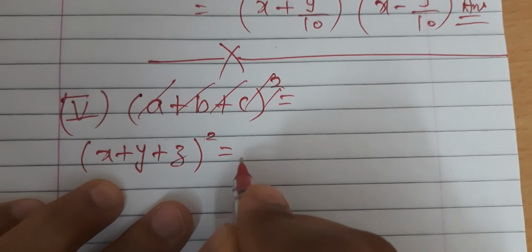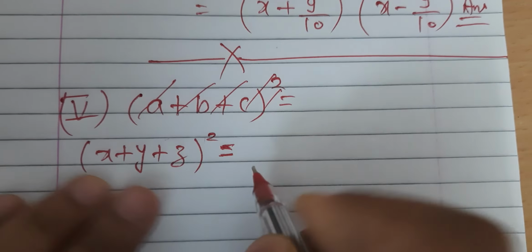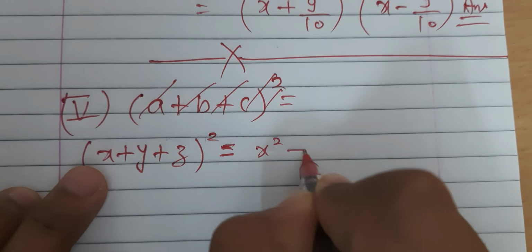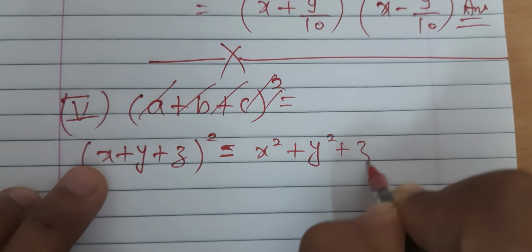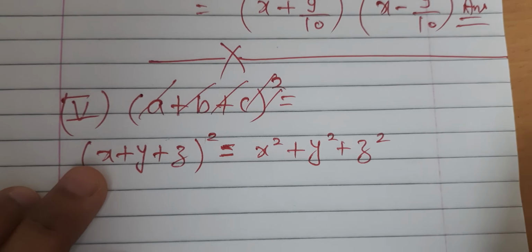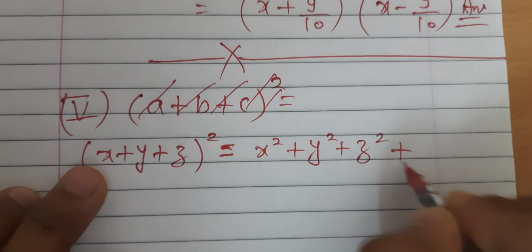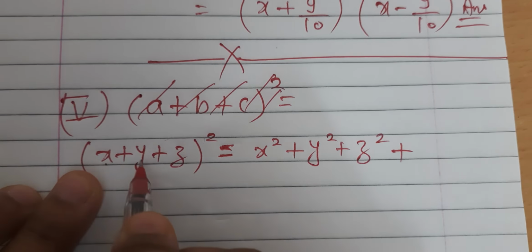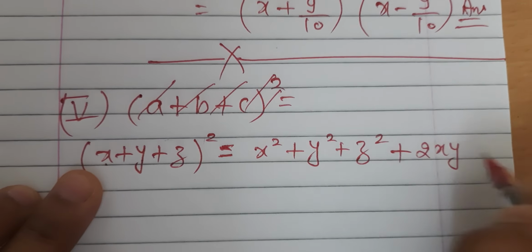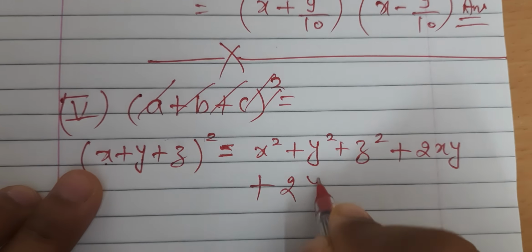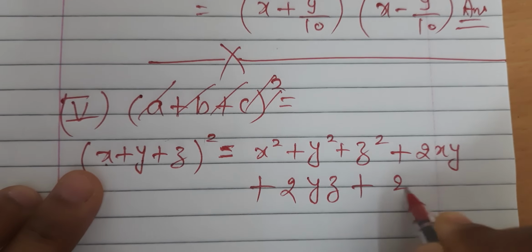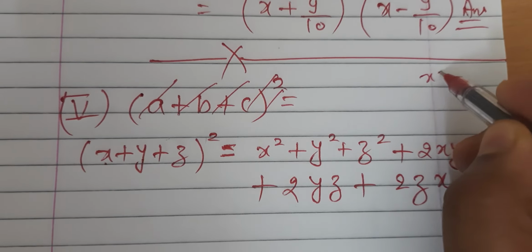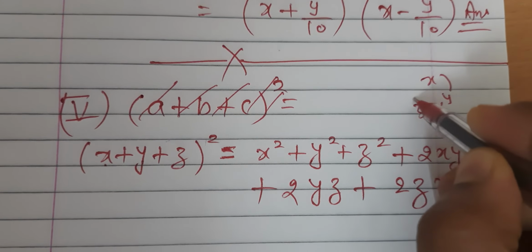The RHS of this identity is, first we write the square of each term, meaning x square plus y square plus z square. Then plus 2xy plus 2yz plus 2zx. It's just like a cycle: x then y then z then again x.